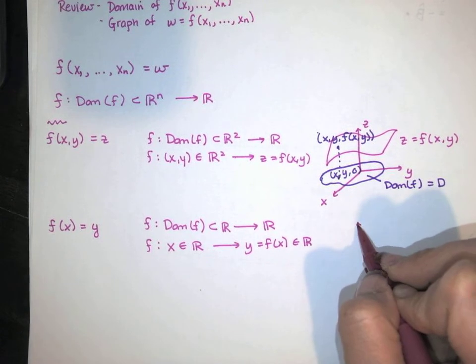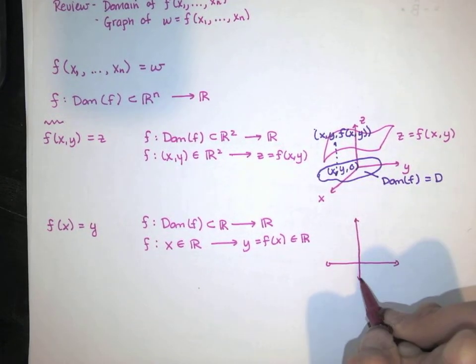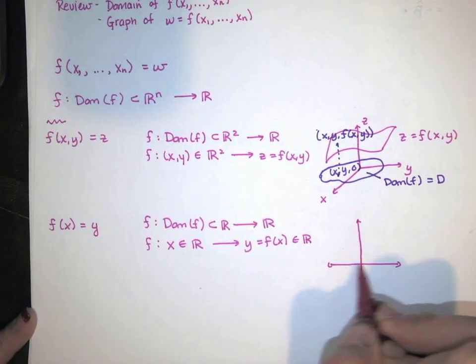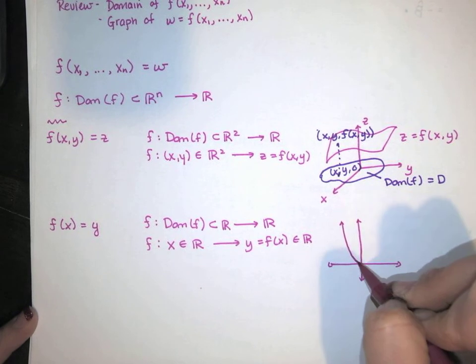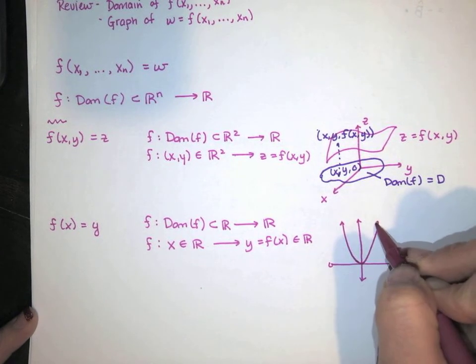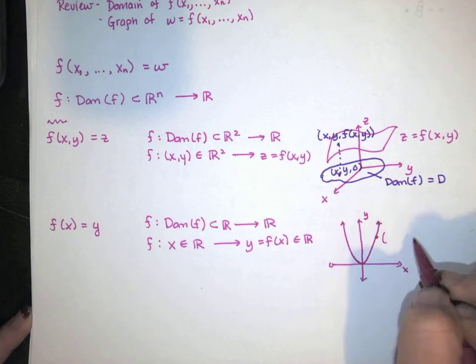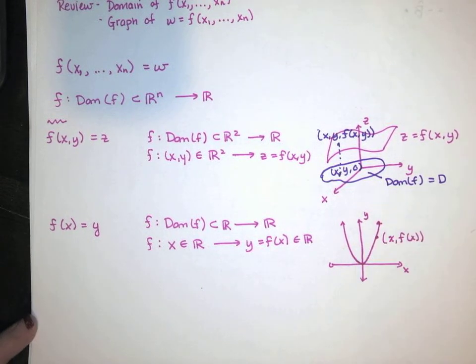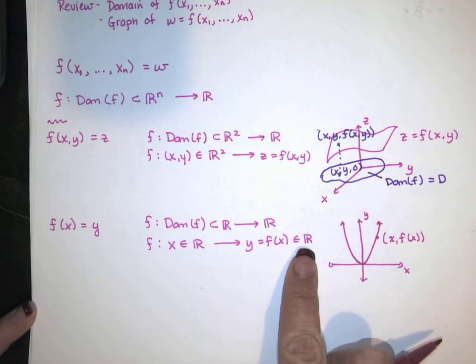And notice that when I graph this function, the domain is just some interval over here, possibly the entire real line. And I've just drawn y equals x squared just to have an example. But its graph lives in two-dimensional space. So our input was a single real number, our output was a real number.